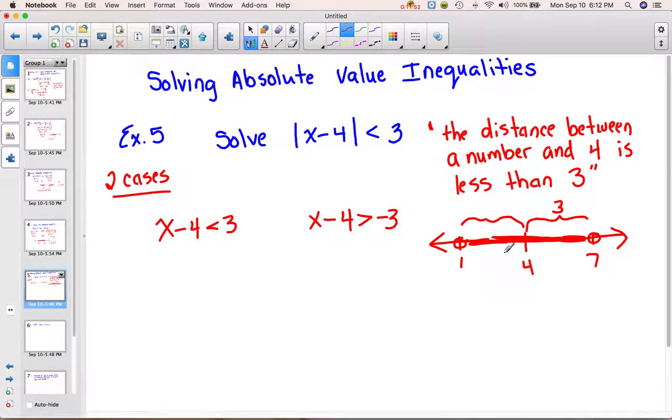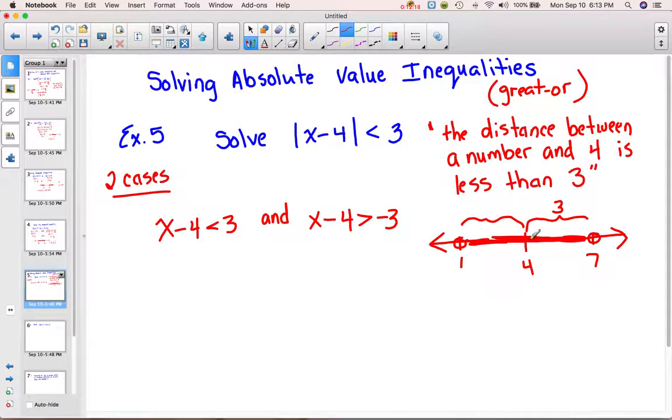So remember that we need to connect this with either an and or an or. Remember greater, and if you remember that, that will help you remember that greater is for the or. Well, this is less than, not greater. So this is going to be an and.